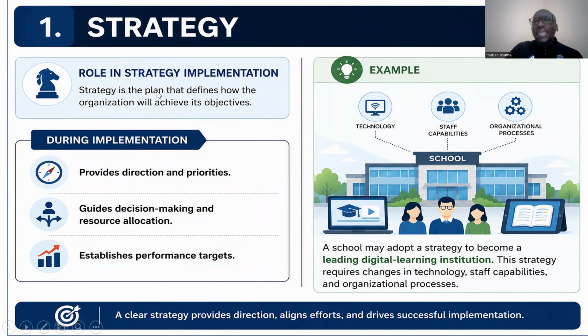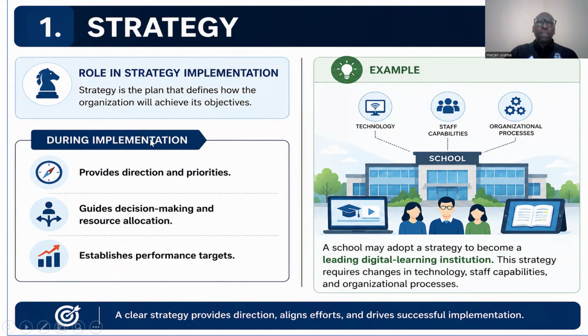It is the plan that defines how the organization will achieve its objectives. It is our roadmap, our guideline. It shows us how we can achieve our objectives.